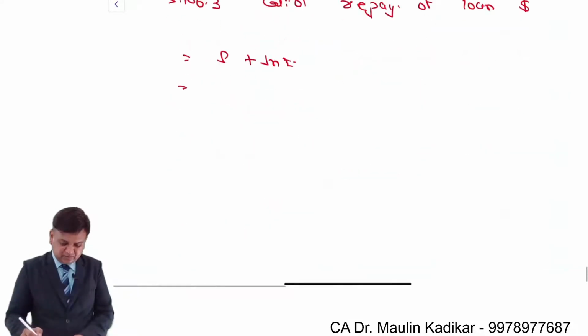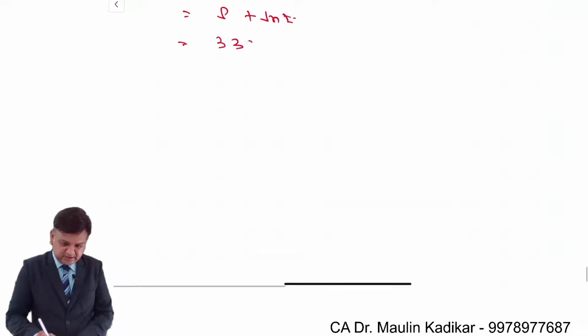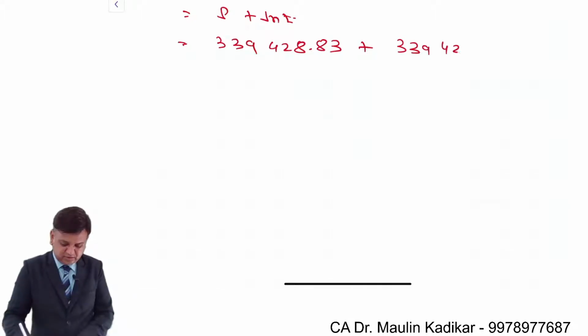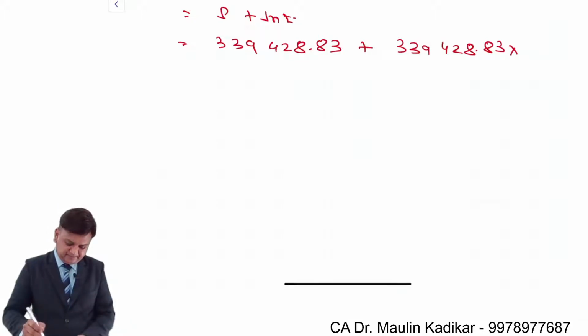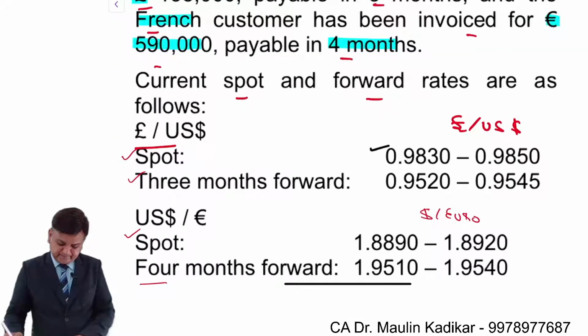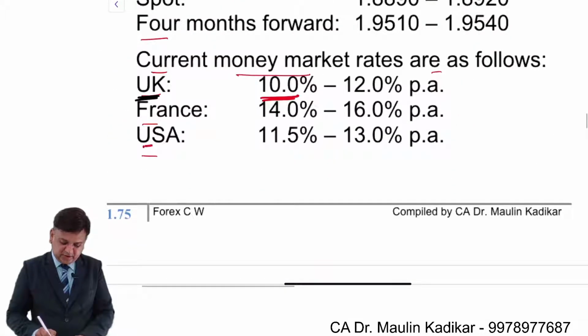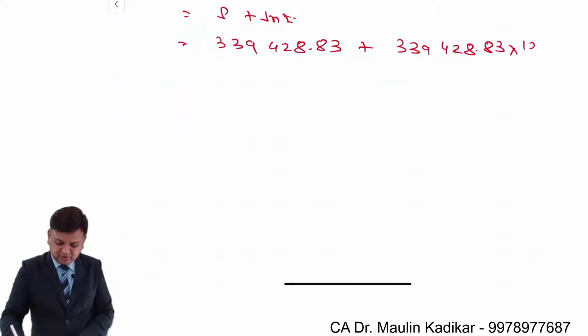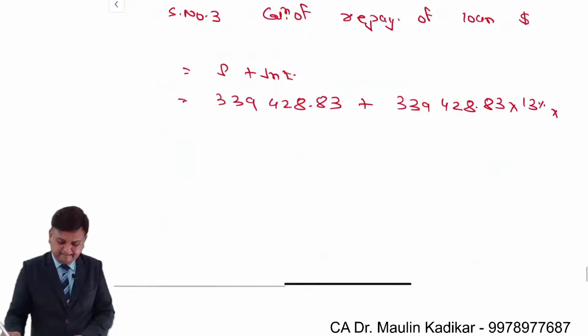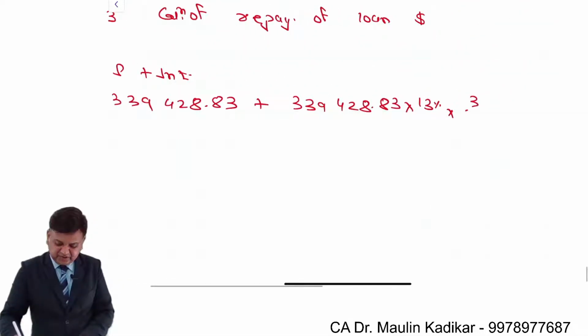This is the principal amount, 3,39,428.83 plus 3,39,428.83 into the rate of interest. For dollar currency, the borrowing rate is 13%. So into 13% into 3 divided by 12.